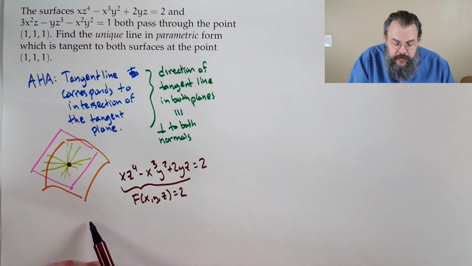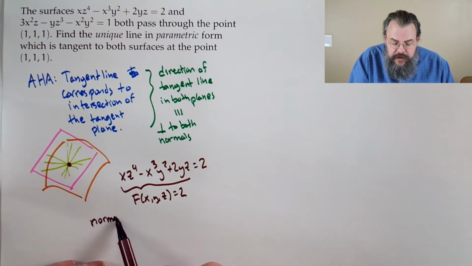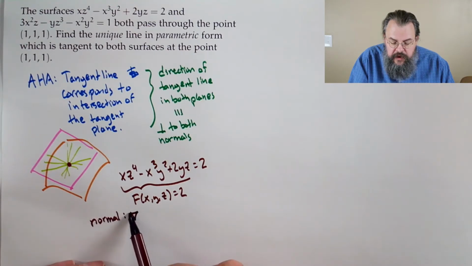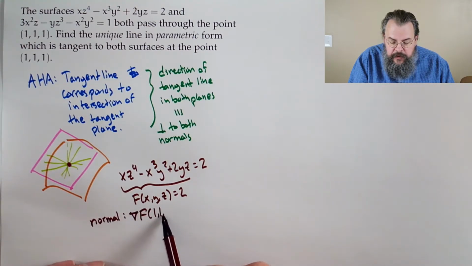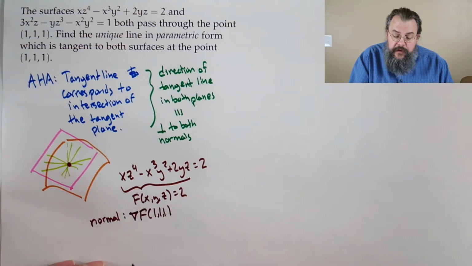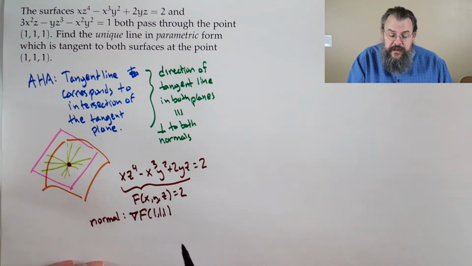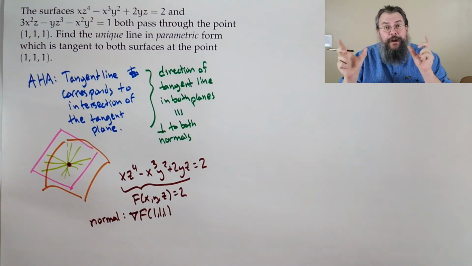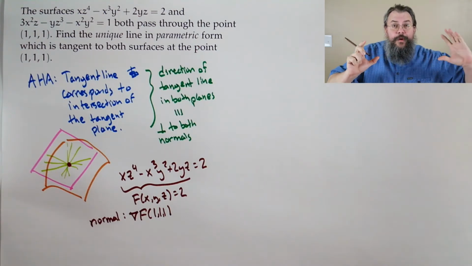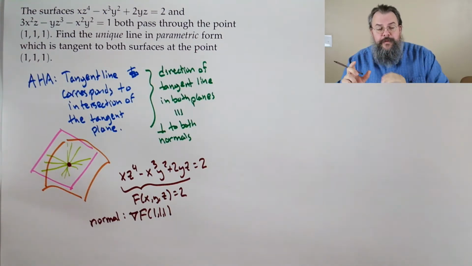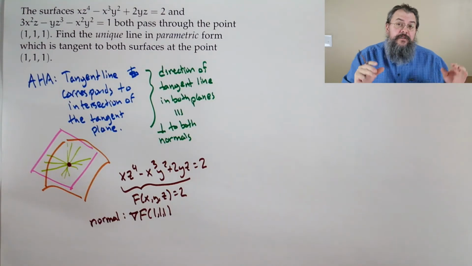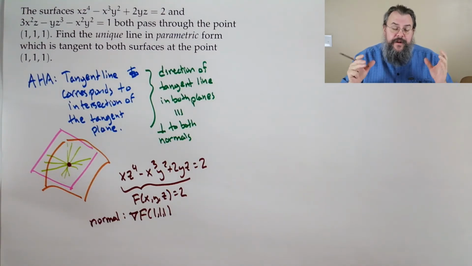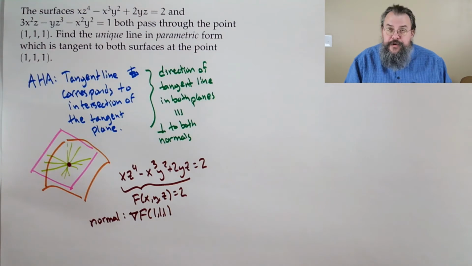Namely, our normal to our tangent plane will be the gradient at the point 1, 1, 1. As a reminder, if there had been variables on both sides, we would move some of the variables across. In our case, they only had variables on one side, so we don't need to do any of that.